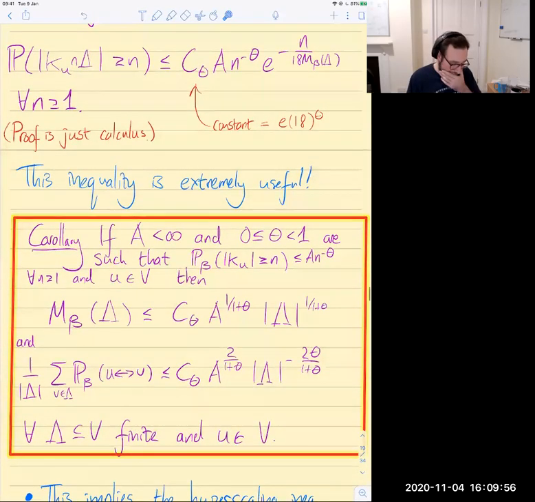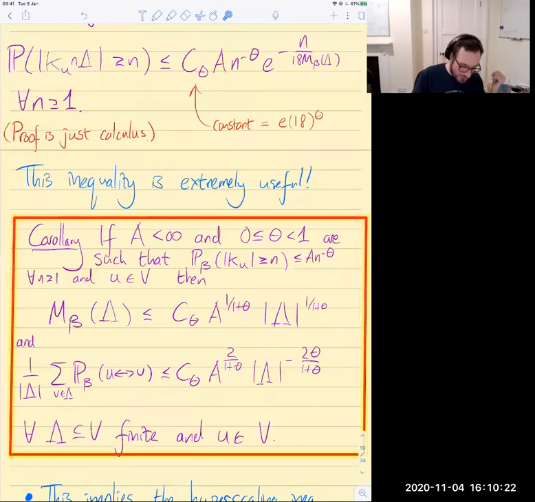So let's see an application of this, which is this corollary here implies the hyperscaling inequality I looked at before. Again, we have some graph. Let's say it's the long range thing we're interested in, but it could be anything. And suppose I know that I have this power law upper bound on the volume tail.